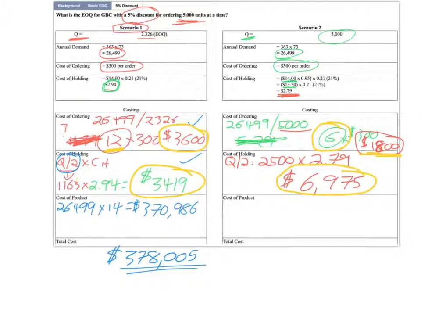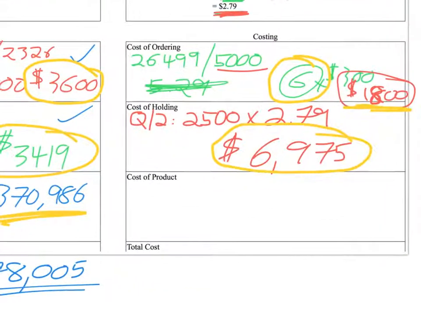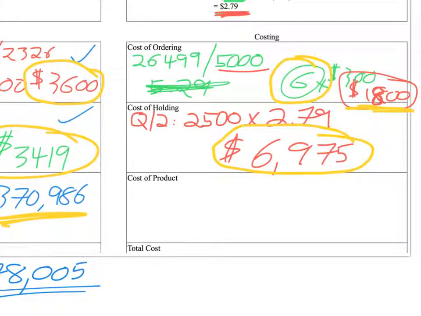Okay, but the majority of our expenses is the cost of product. So this may end up being a pretty good deal for us, because we still have to figure out what the cost of the product is with the 5% reduction added to it. Okay, so the cost of our product is still 26,499 units, right?